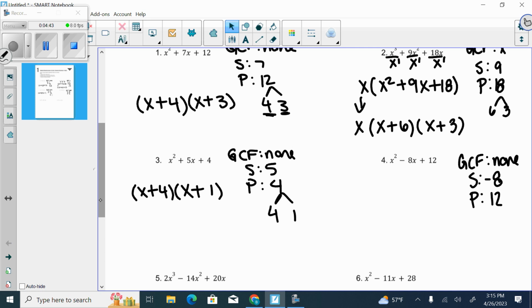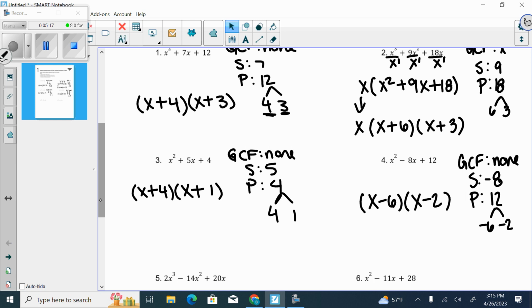So a negative 6 times a positive 2 would give me negative 12. 2 times 6 is positive 12. 2 plus 6 is positive 8, not negative 8. They both have to be negatives, right? Right, a negative times a negative will give us a positive, right? And then -6 plus -2 just gives us -8. All right, so what are my factors this time? Very good.